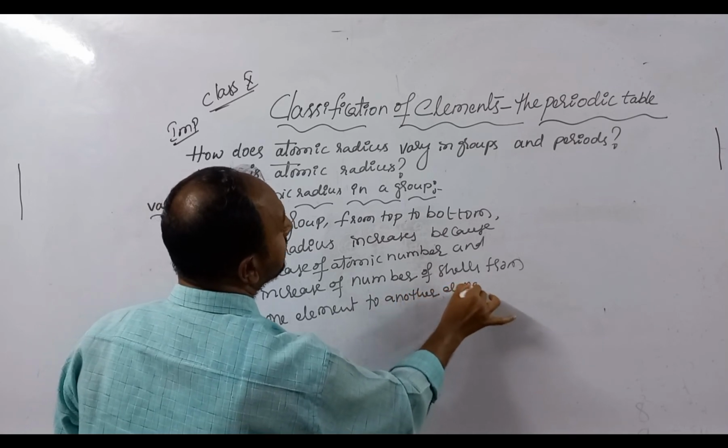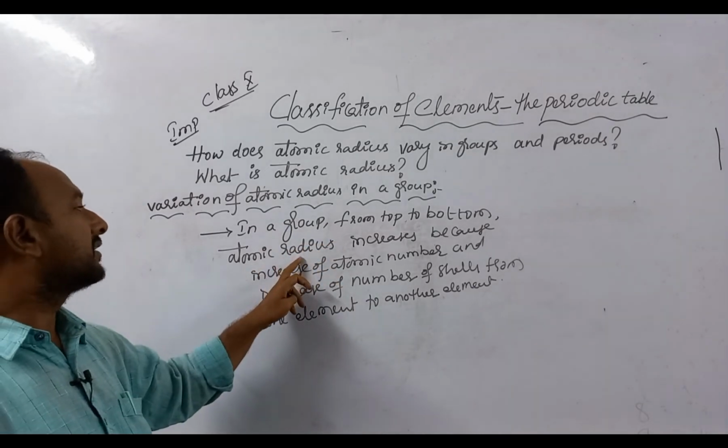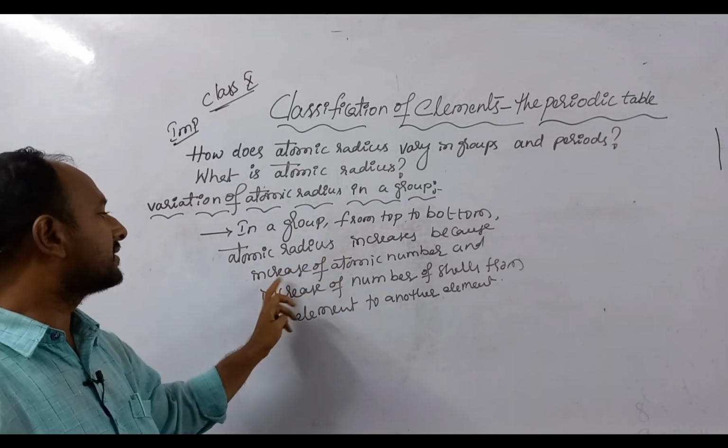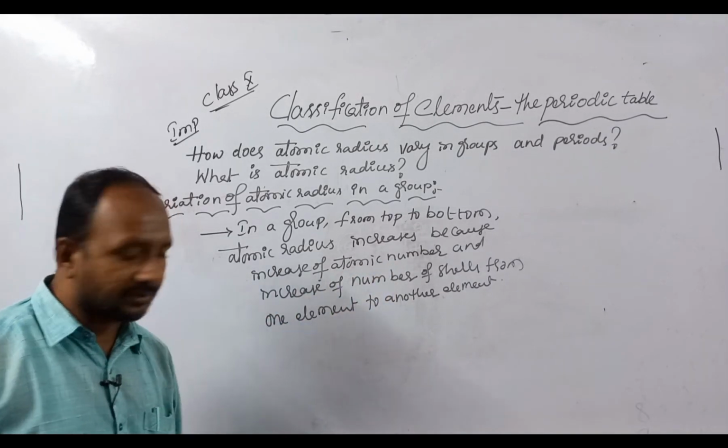So in a group from top to bottom, atomic radius or atomic size increases because of the increase of atomic number and the increase of number of shells from one element to another element.